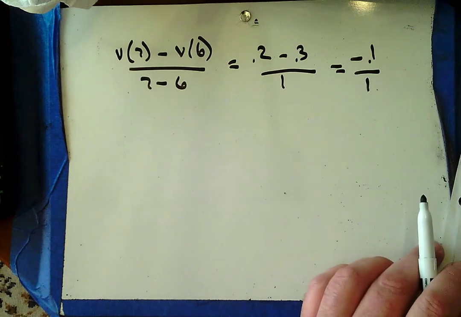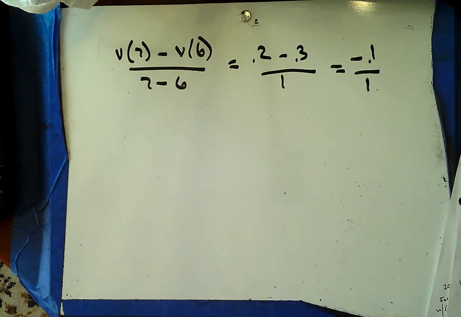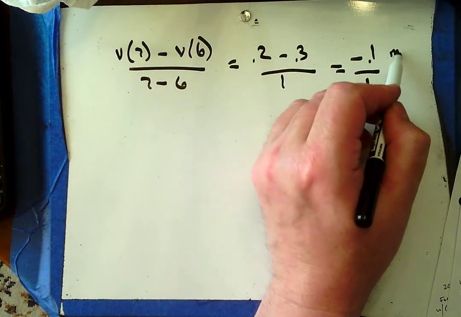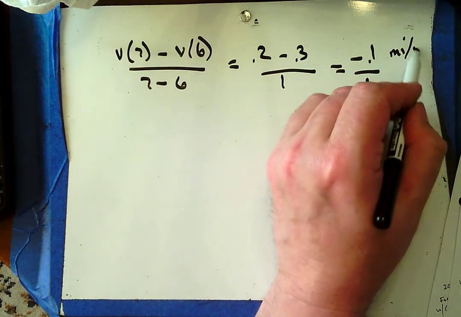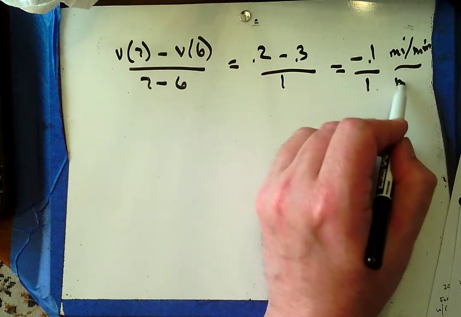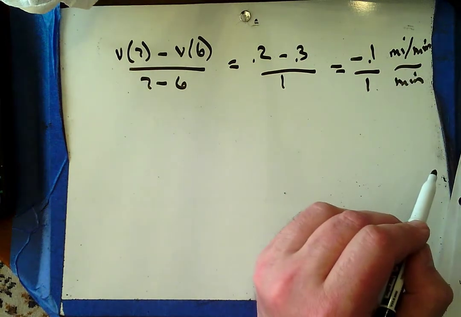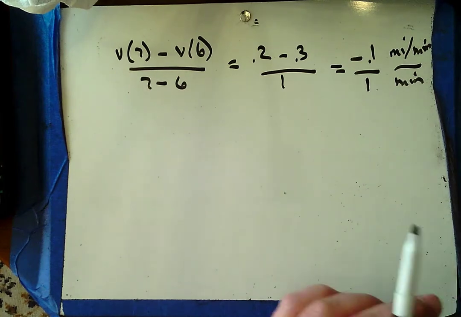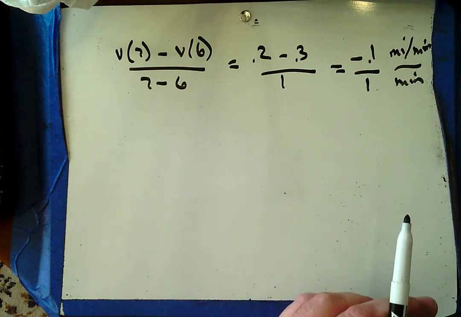Okay, and the units here are miles per minute, and these are minutes down here. And indicate units of measure. I did that. Okay, I feel comfortable with that. Negative 0.1 miles per minute per minute.